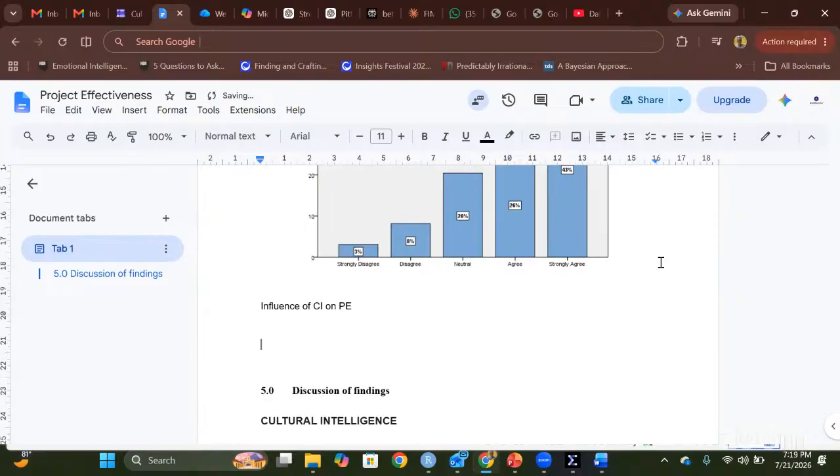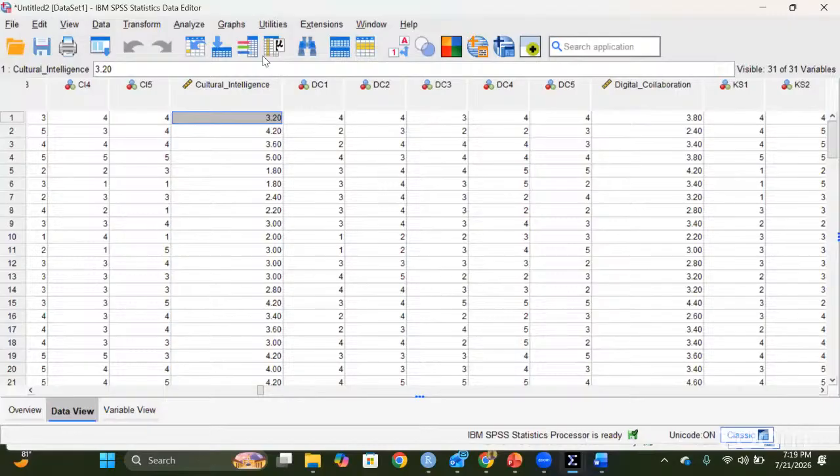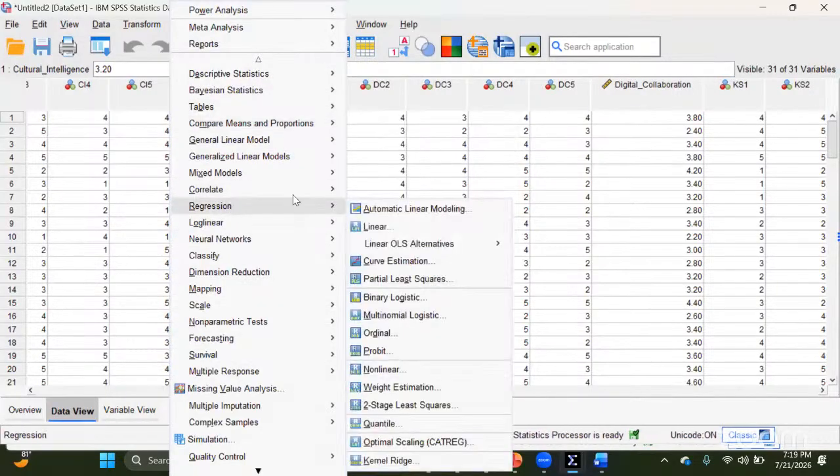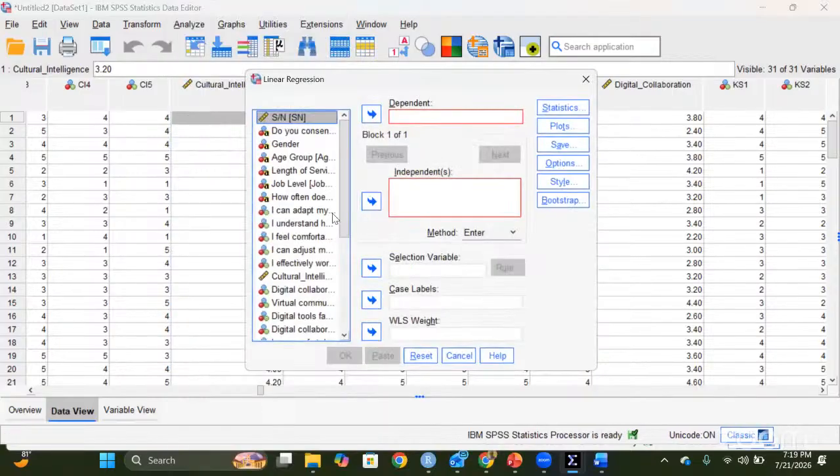To get that, you use what we call a regression equation. You click on analyze, click on regression, click on linear. There's what we call dependent and independent. The dependent variable is your outcome variable, and the independent is the variable you are looking at for how it influences the outcome variable.